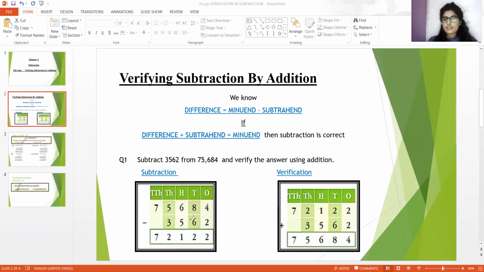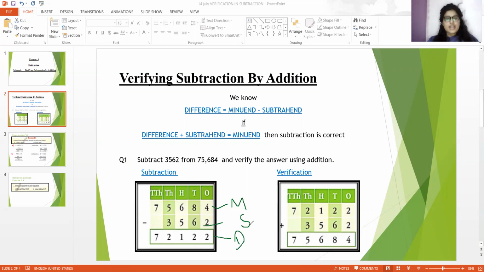Whenever we subtract the subtrahend from the minuend, we get the difference. This one is called minuend, this one is called subtrahend, and this is called difference.